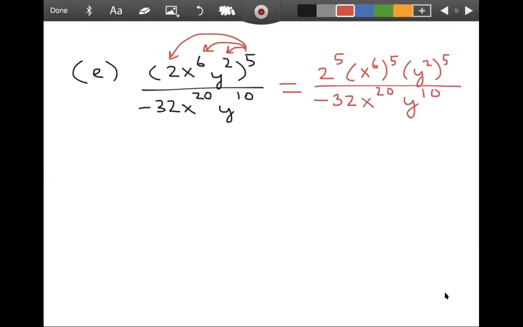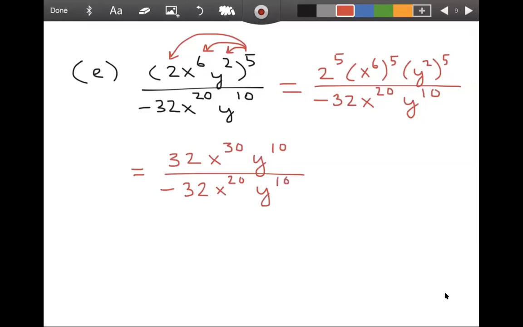All right, so the numerator simplifies to 32, x to the 30th, right? Because it's 6 times 5, that's the power rule. Y to the 10th over -32, x to the 20th, y to the 10th.